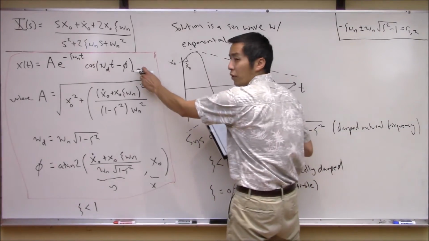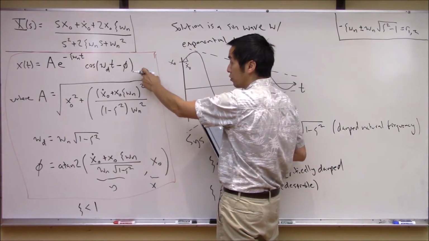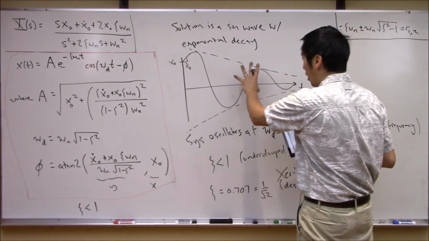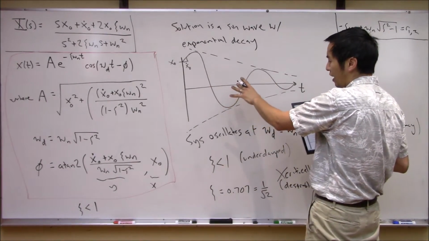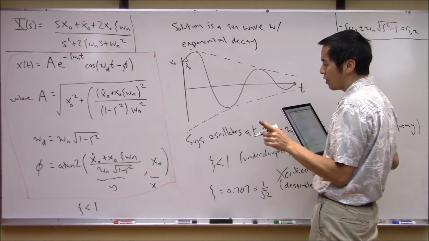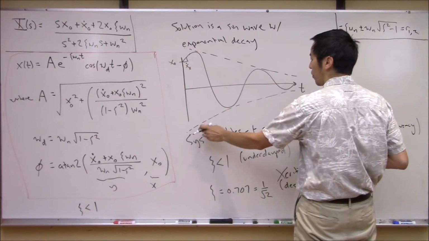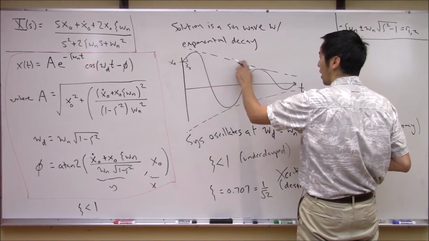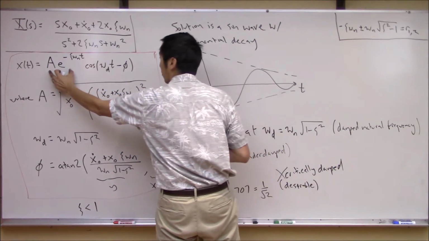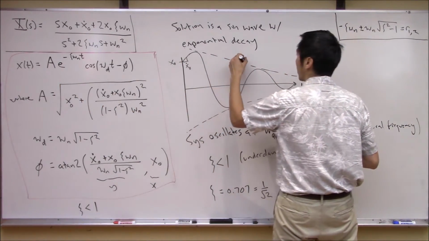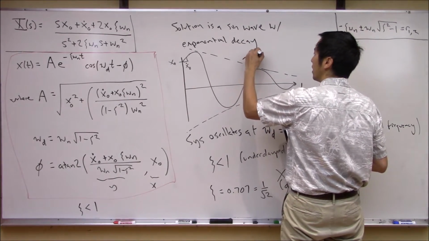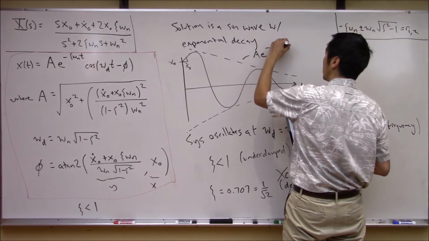All right, so hopefully we buy that this is the actual solution to the differential equation. So again, we plotted it out here, and this might be interesting to think about because this is a cosine wave, right, which is encapsulated by this decaying exponential term here, right? So this thing in dashed is basically A e to the minus zeta omega n t.